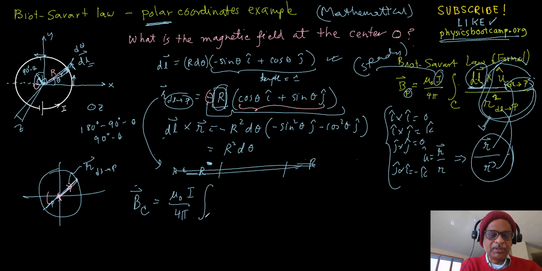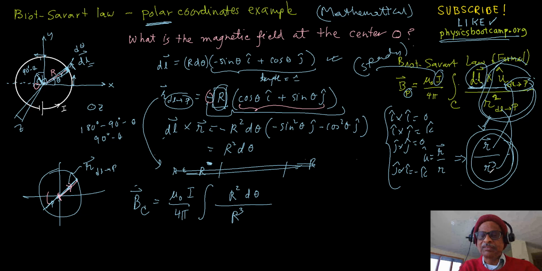And this is a formal integral, but let's see what the integral is. So numerator is R square d theta, denominator is R cube, because we're using full R instead of the unit vector.